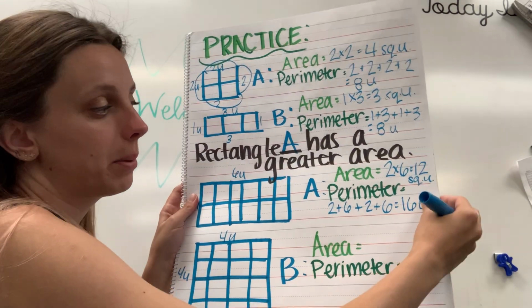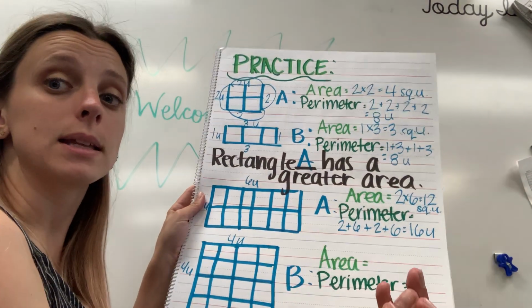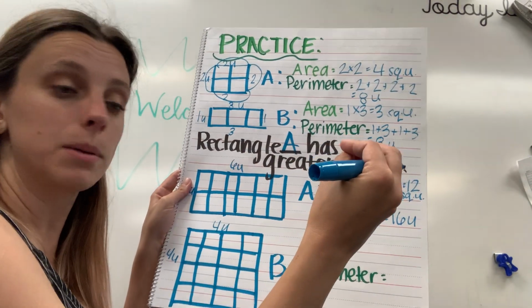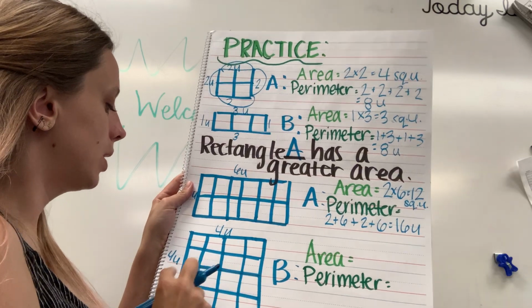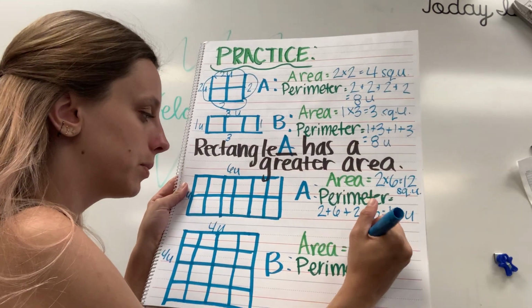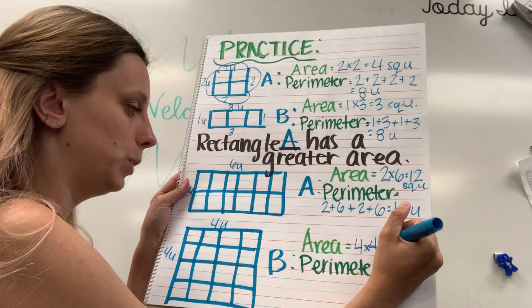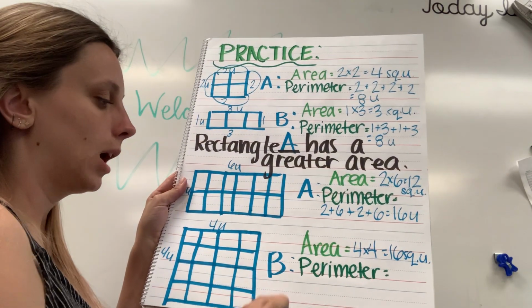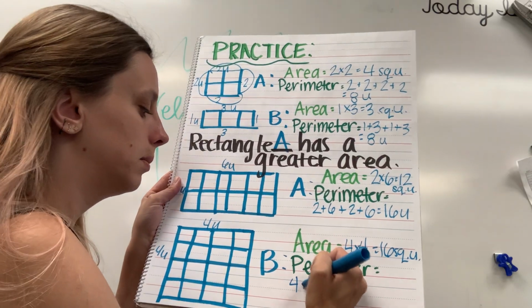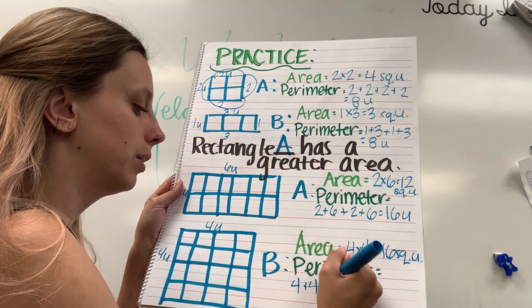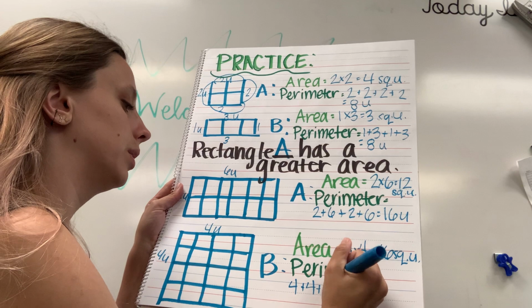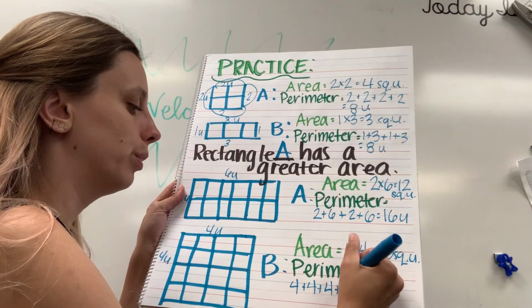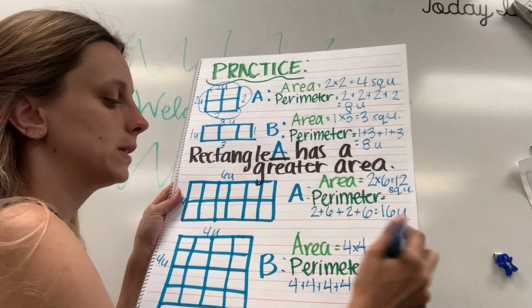All right, so our perimeters are probably gonna be the same because that's the central idea about today's lesson, but let's double check. So our area is gonna be 4 units times 4 units, which is gonna be 16 square units. And our perimeter will be 4 plus 4 plus 4 plus 4, or 4 times 4, because we have 4 groups of 4.